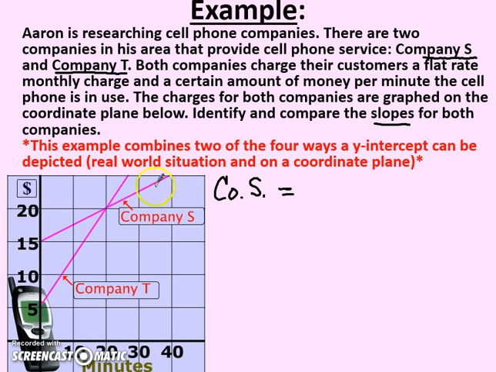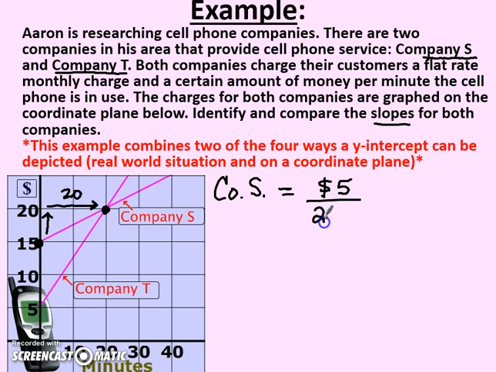If we look at Company S's line, which is right here, we can see that it starts at $15, so no matter how many minutes you use, you have to pay $15. But if you use 20 minutes, it costs $20. So you can see that the cost went up $5 when we used 20 minutes.